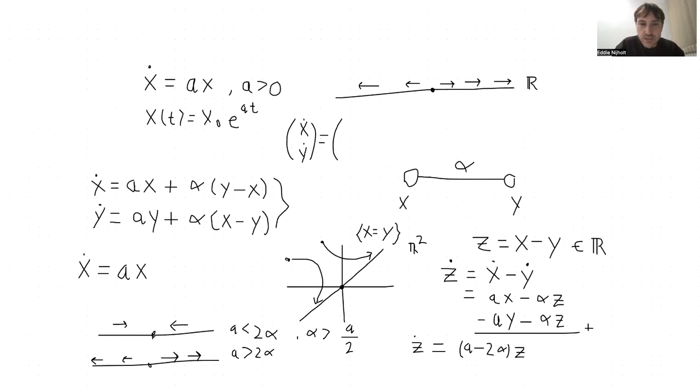So this was the matrix A minus alpha. And here I have a coefficient minus alpha as well. Here I have minus alpha. And here I have A minus alpha again.